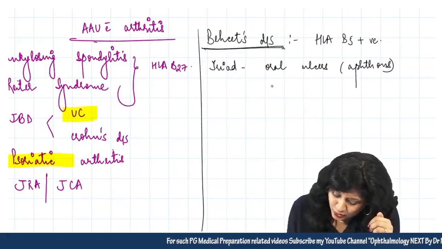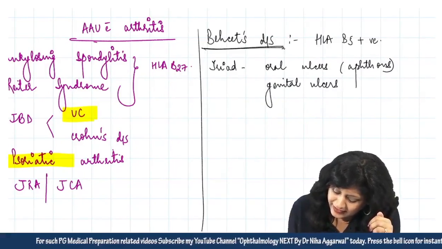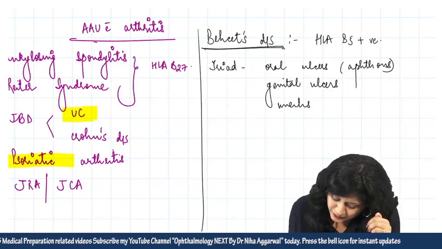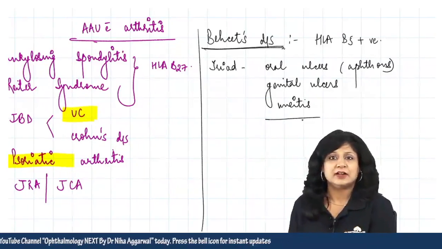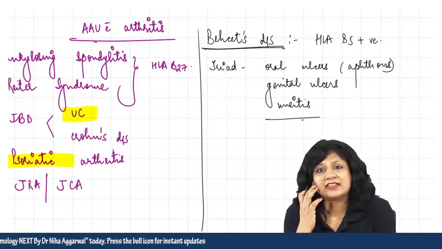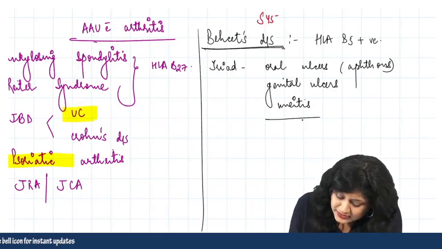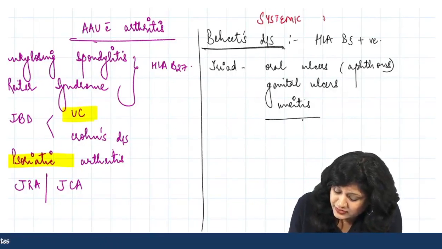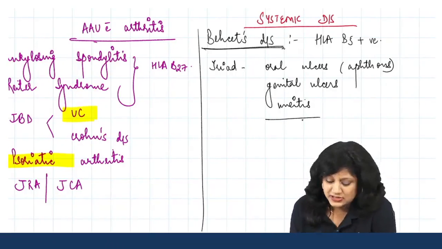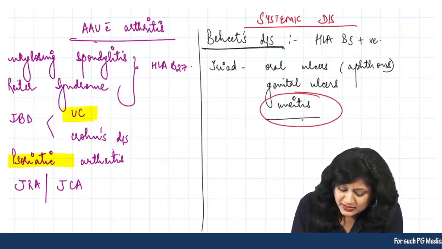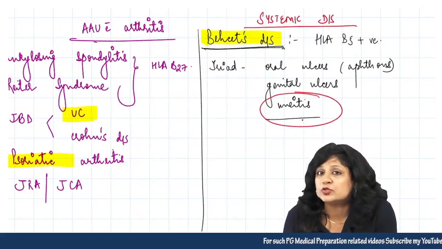Then we have genital ulcers, and along with this we have uveitis. Though we can get granulomatous panuveitis here, it is an important kind of uveitis that we see in cases of systemic diseases. We are studying uveitis in systemic diseases, and one of the important ones is Behçet's disease. So you have uveitis here, so we can also rule this out, as it also has iritis.